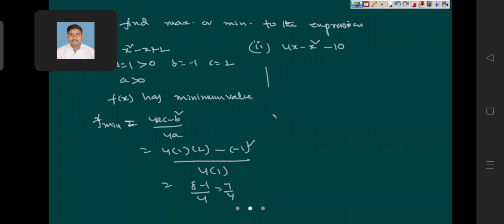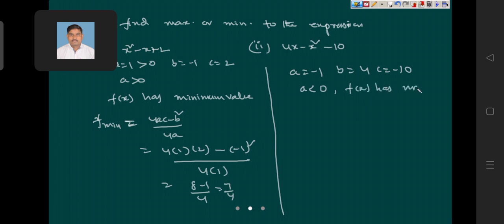In the second case, a is equal to minus 1, b is equal to 4, c is equal to minus 10, because the coefficient of x square is a. When a is less than 0, f of x has a maximum value. What is the formula? (4ac minus b square) by 4a.